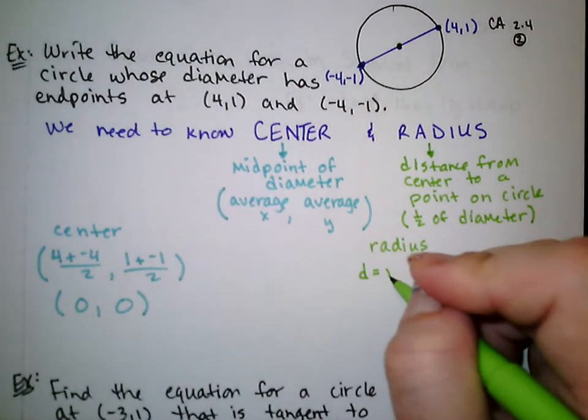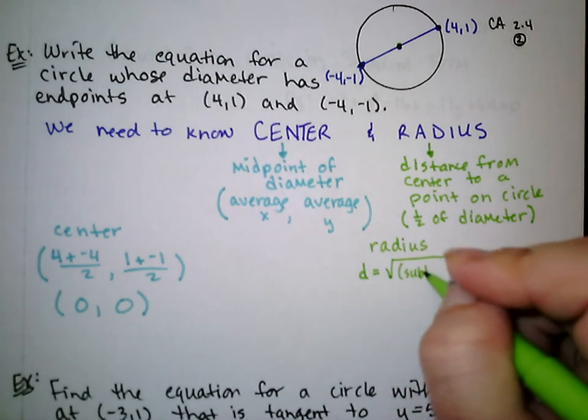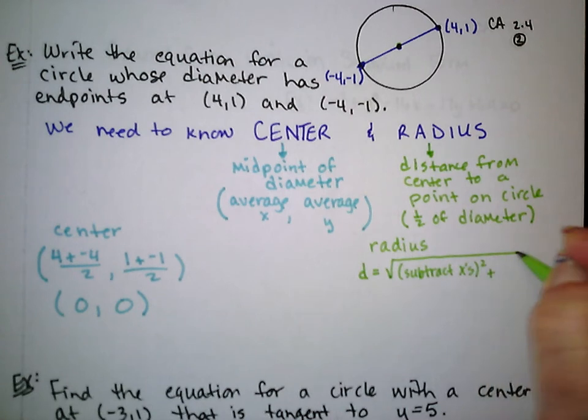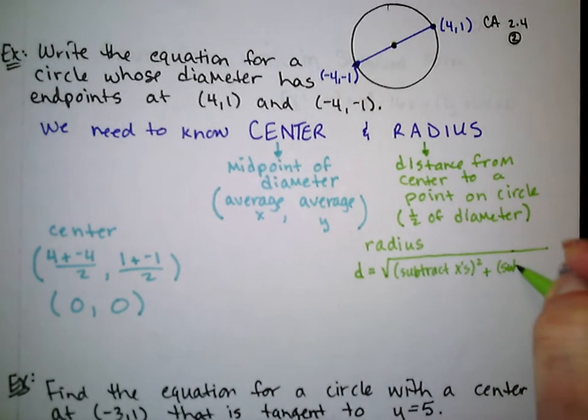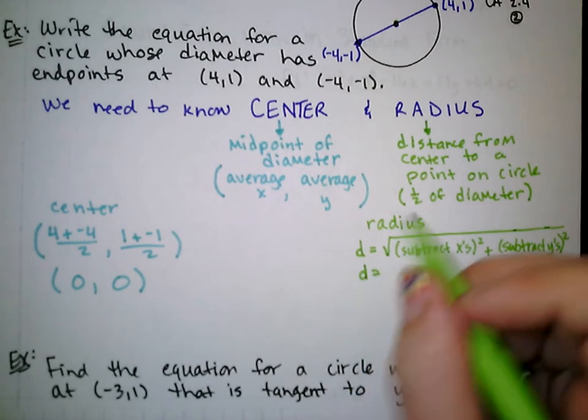Remember, to do distance formula, we're going to subtract the x's squared plus subtract the y's squared. And then we take the square root of that whole thing. So distance, which is radius, that's a little bit confusing.